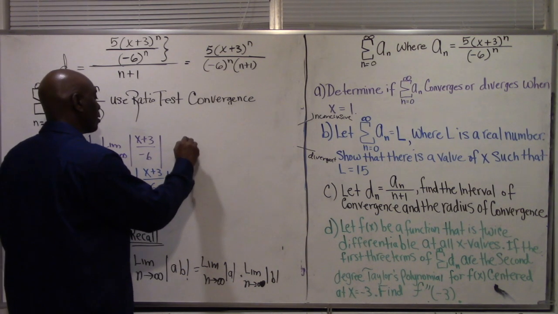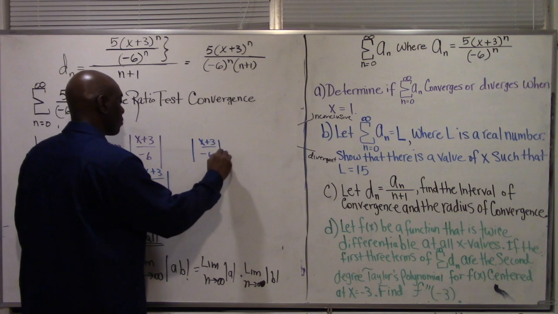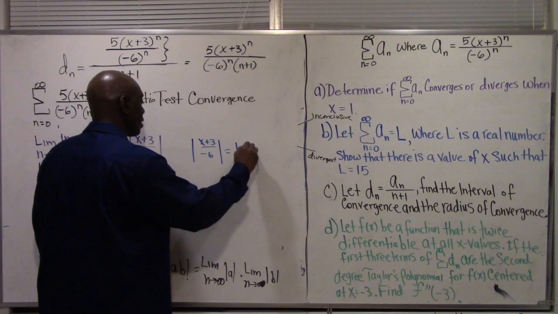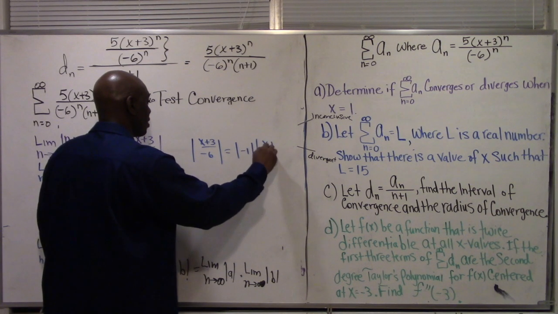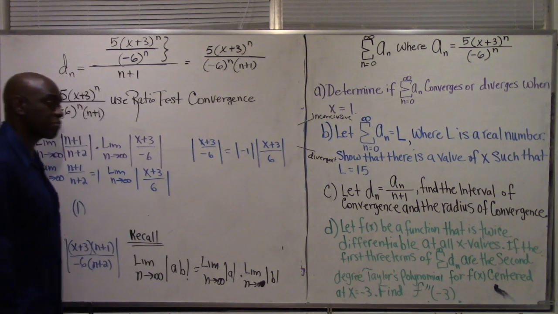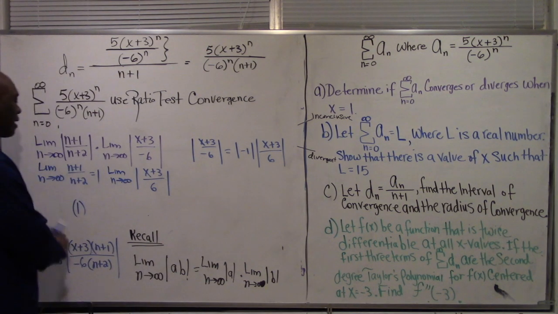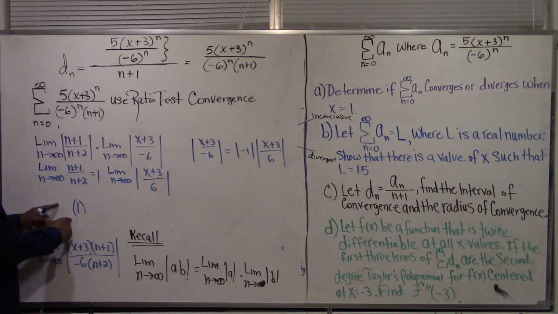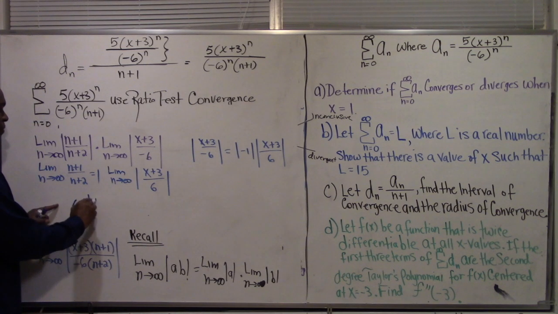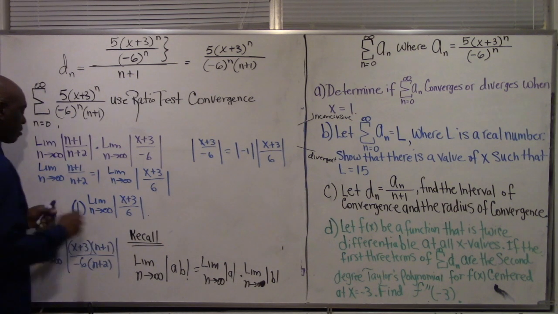Because the absolute value of (x+3)/(-6) equals the absolute value of negative 1 times the absolute value of (x+3) divided by 6, and that's just positive 1. I can leave it like that. So it's 1 times the limit as n goes to infinity of the absolute value of (x+3) divided by 6.